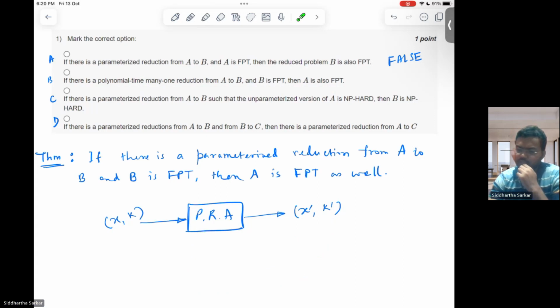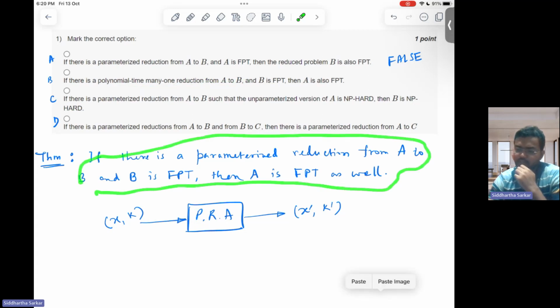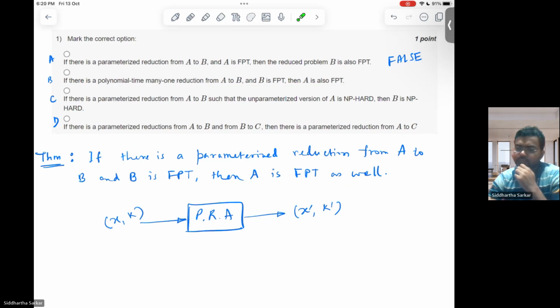So a standard reduction may not qualify as a parameterized reduction, and therefore we cannot invoke this theorem, and therefore this statement may not be true. Okay, so we'll mark this as false. Let's move to the next one.